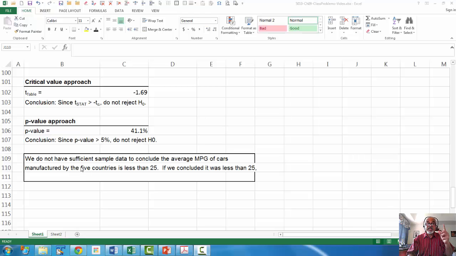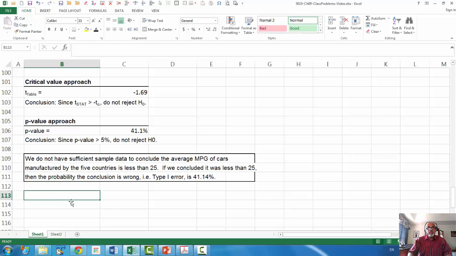If we did reject, if we concluded that it was less than 25, the probability that we are wrong would be 41.14%. That's too high for us to take that chance.